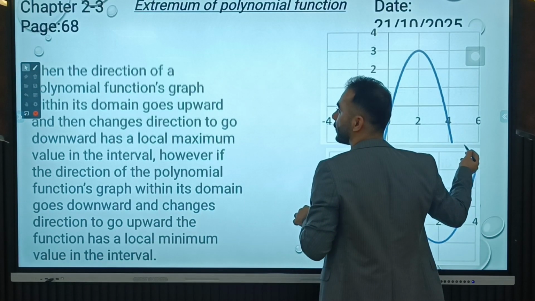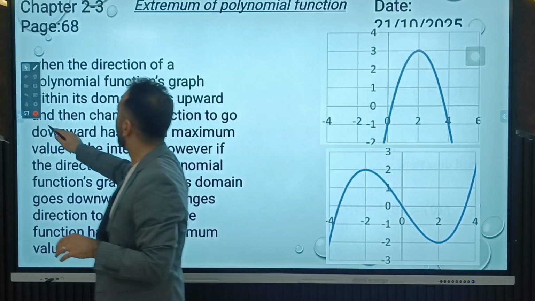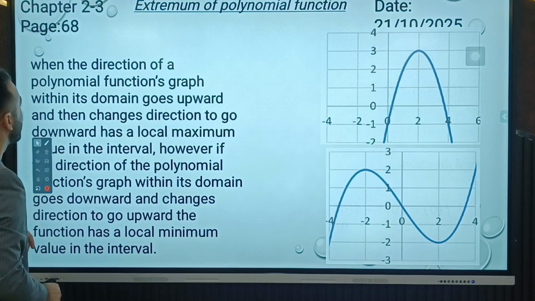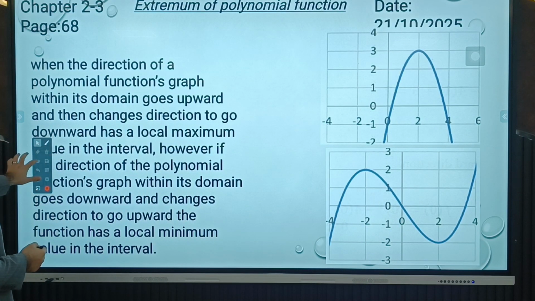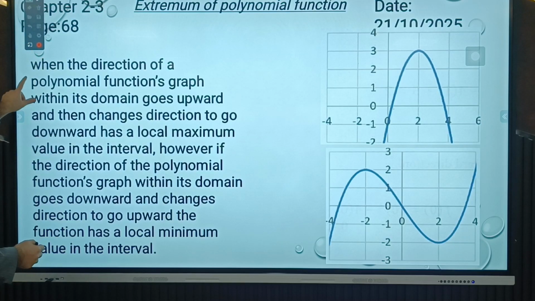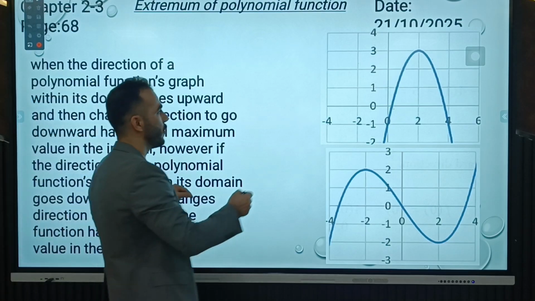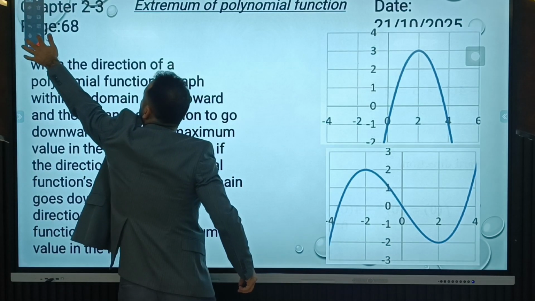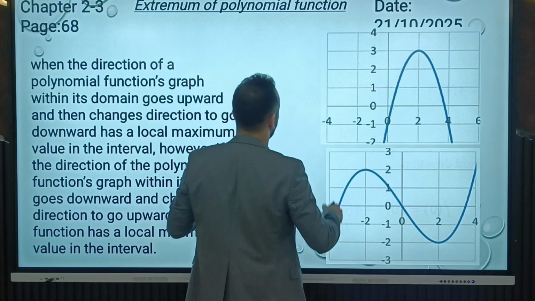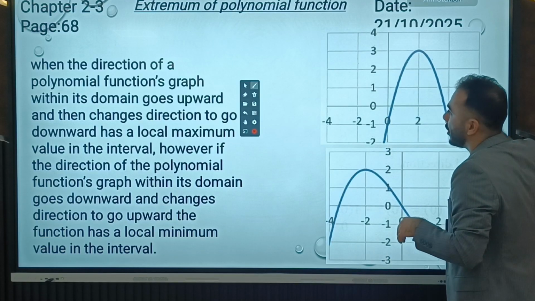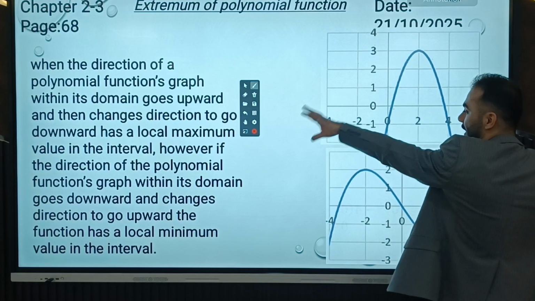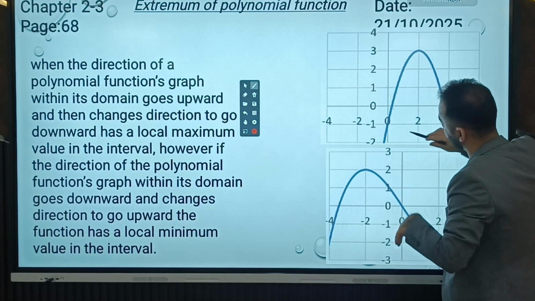When the direction of a polynomial function's graph within its domain goes upward and then changes direction to go downward, let me just bring my pen. Within its domain, which is from negative infinity to positive infinity on the x-axis, from left to right. Don't forget, from left to right.